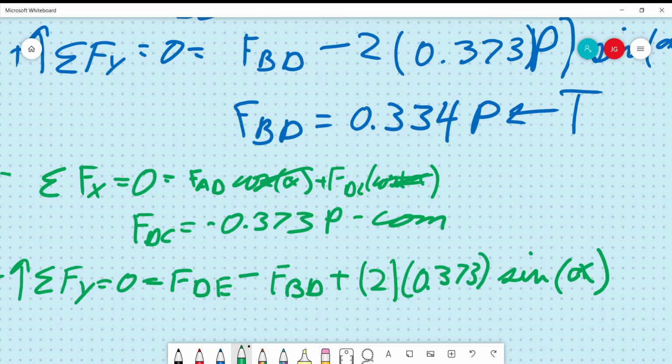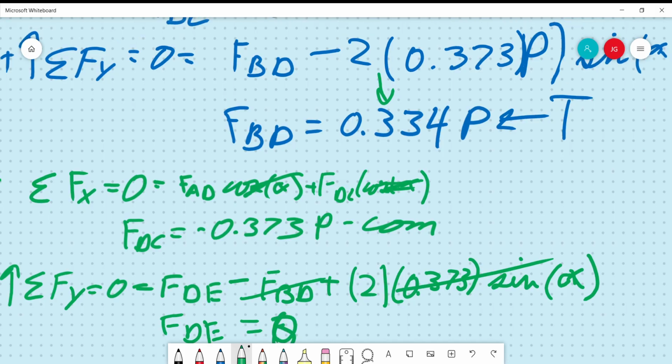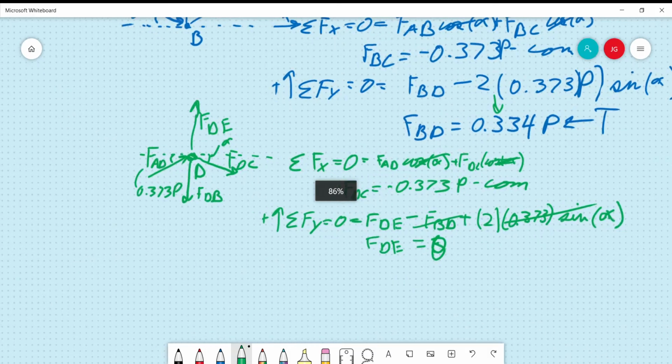This looks very similar to this, right? Yeah, because this gave me that. So this and this actually cancel out, and you're left with FDE actually equals 0. So boom, we're done with 3 points.